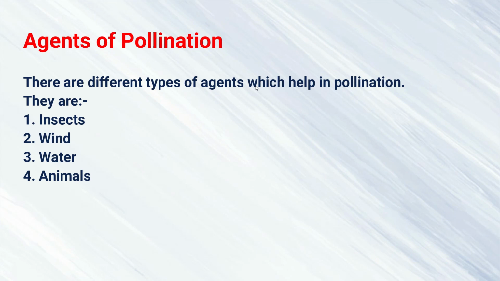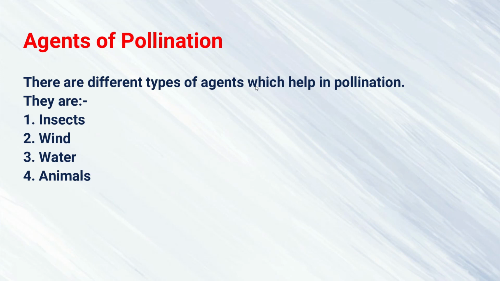Water carries those pollen grains to another plant where the flower is, and there they drop those pollen grains, and then another flower gets reproduced.